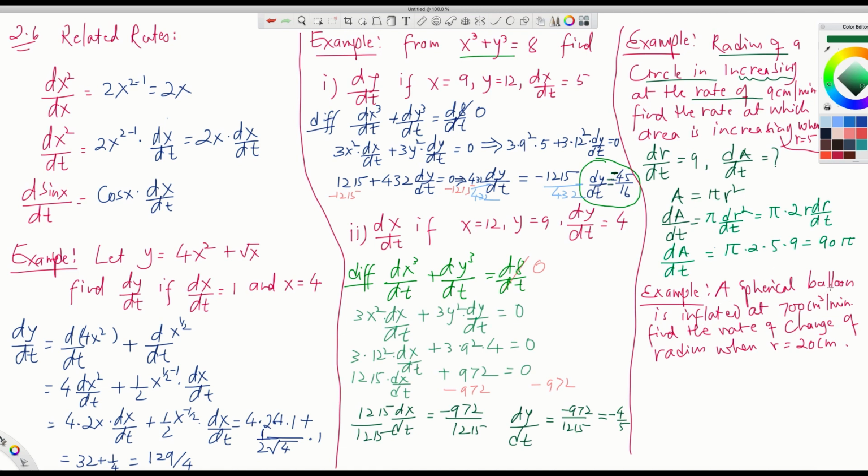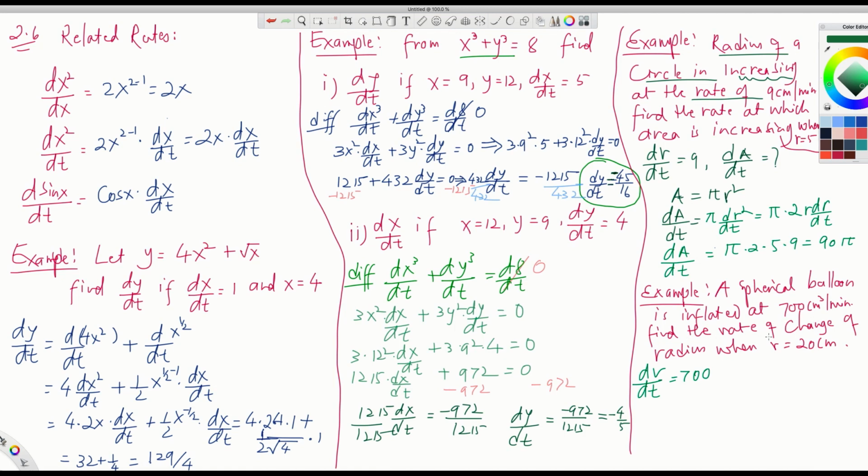A spherical balloon, meaning it's a sphere, right, is inflated at a rate of 700 centimeter cubed per minute. When the balloon is inflated, the volume inside the balloon is increasing. So let us denote the volume by V. What is given is dV over dt is 700 centimeter cubed per minute.